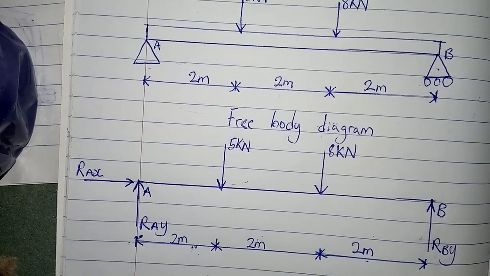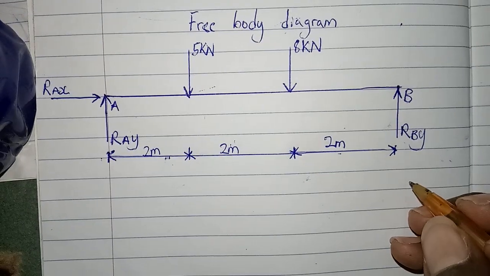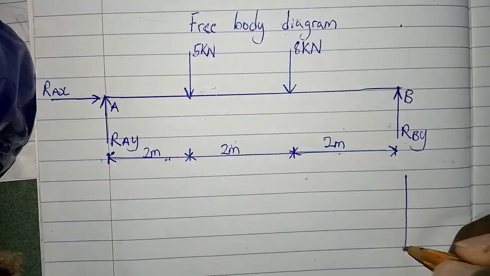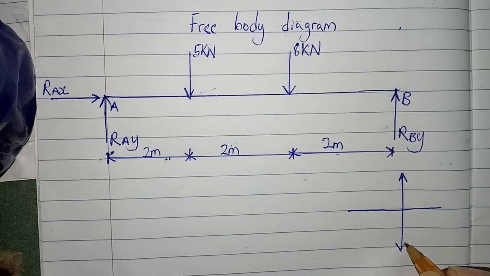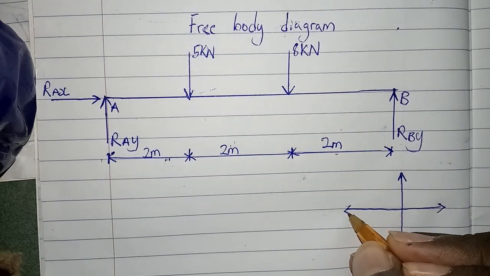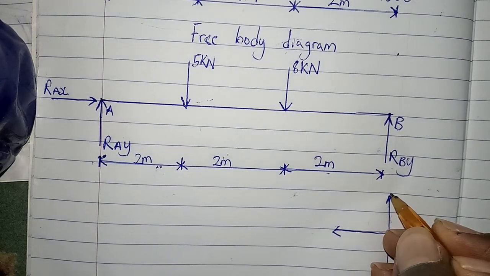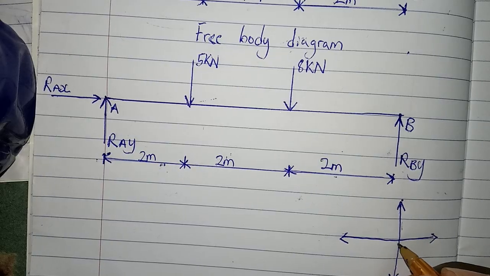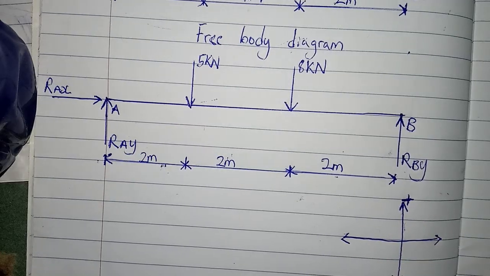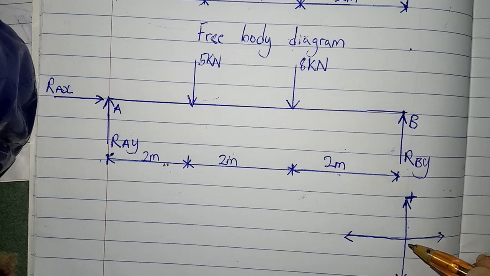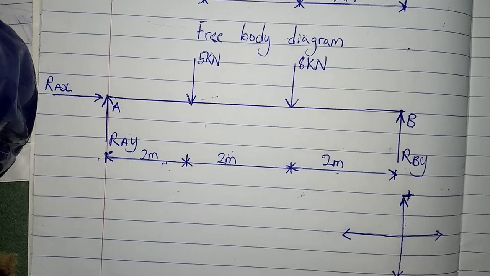So let's draw our sign convention. This is the sign convention that we are going to use. Forces in the vertical direction upwards should be positive, and forces in the vertical direction downwards will be negative.